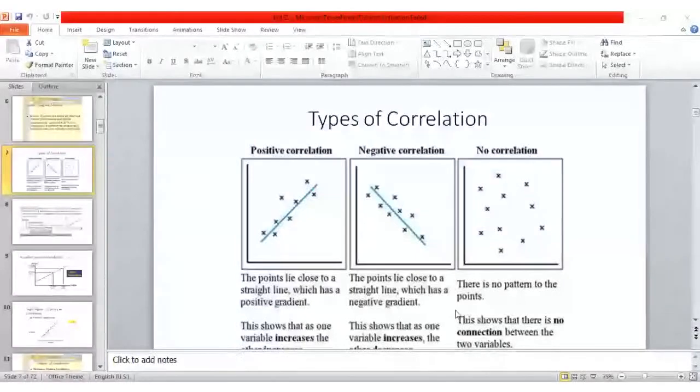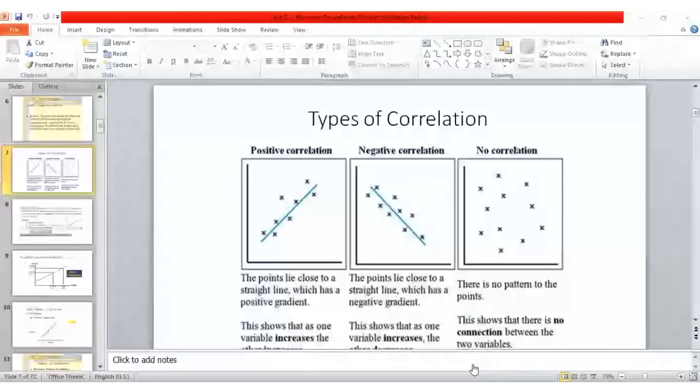Just 1 minute, it is processing. The screen share is loading. Let me cancel it and then redo it. Still it is loading. The network is full. Is it visible now? Yes, sir, it is visible.